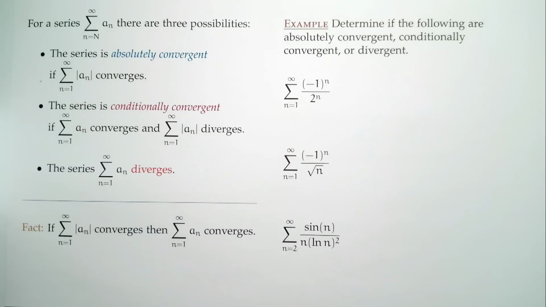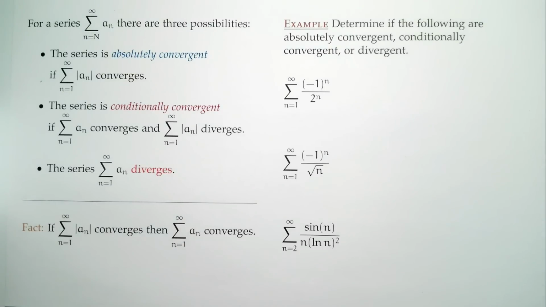And the last possibility is just like, all right, it doesn't matter. It just diverges. There's just no hope. So, what do you have? Now, there is a nice fact which says, hey, if the absolute value of the terms converge, then the sum of the original values converge.